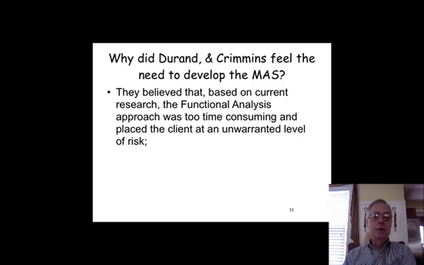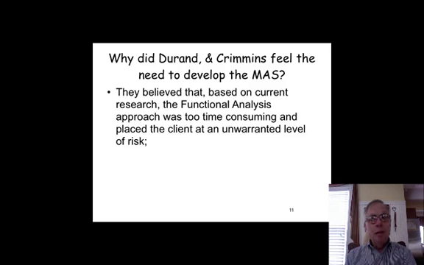In fact, if you look at the study that Iwata published in 1982, the eventual cost of that study was in the hundreds of thousands of dollars because of the kinds of people involved, and the fact it was being done at a med school. It was basically kind of ridiculous as far as the amount of time, effort, and money that was spent.